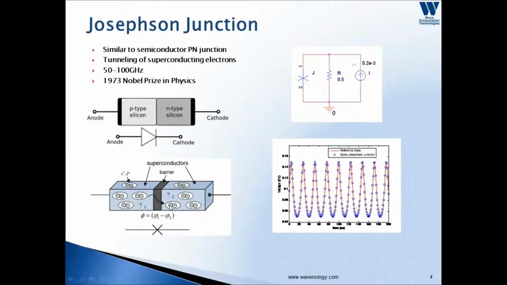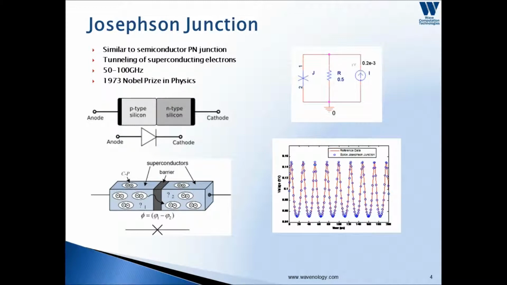This effect is named after Brian Josephson in 1962, and he received the Nobel Prize in Physics in 1973. To demonstrate, you just apply a DC pump current along the 2 terminals of this junction, and it will start to oscillate on its own at a frequency from 50 gigahertz to 100 gigahertz.